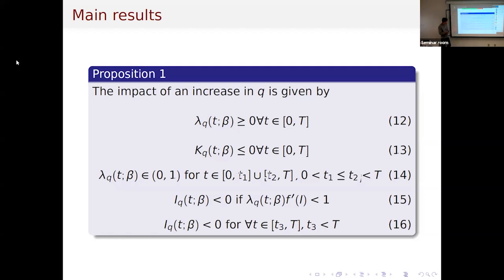Also, we can show that if this holds, then when Q increases, the investment rate goes down, which is the typical law of demand, right? When the price goes up, the demand goes down. Unfortunately, we cannot establish this claim for the whole horizon.